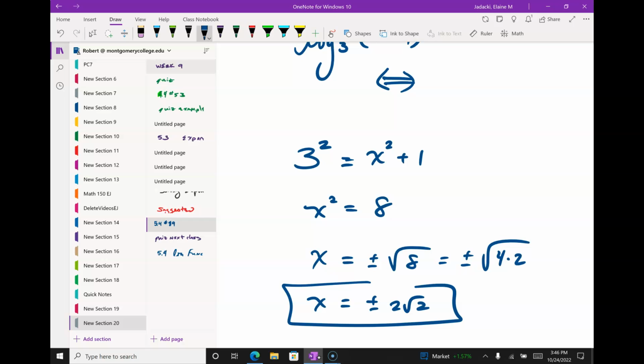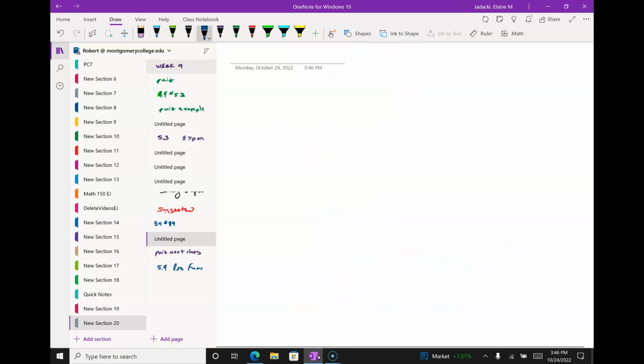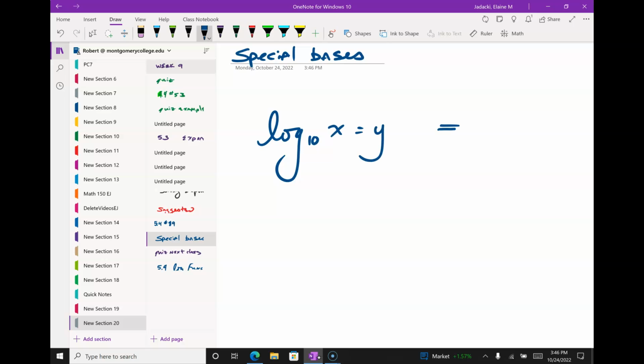All right, one last thing in this section, and these are called the special bases. If I say to you log base 10 of x equals y, that is equivalent to the log of x equals y.